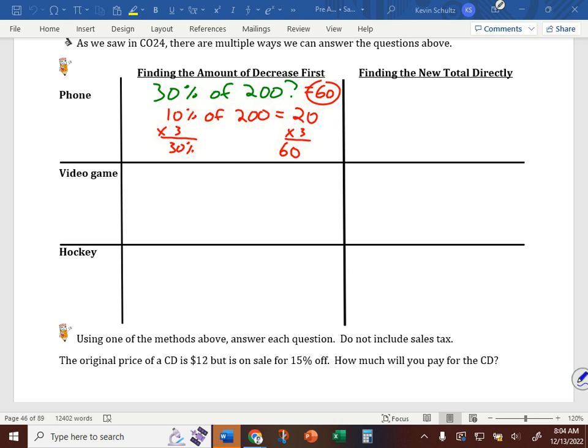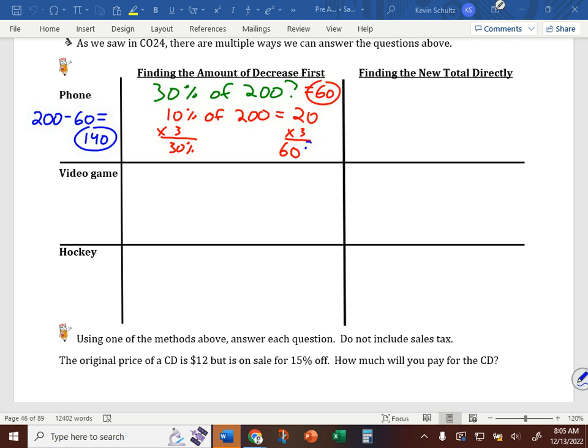So take that original 200, subtract the 60, which is 30%, the amount of decrease, and we're left with 140, which is how long you're going to talk on the phone the next month. 140 minutes, a week, or whatever it was. Finding the amount of the decrease first, very similar to what we did in CO24. The only difference is that instead of adding it, we're subtracting.